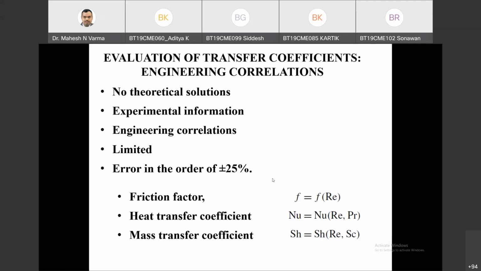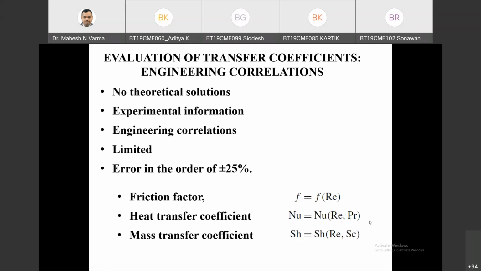Like here there is no two dimensionless numbers. Here only one dimensionless number is coming into the picture. Here two dimensionless numbers are there. So that is what I initially also told, that we are saying heat transfer is similar to momentum transfer is similar to mass transfer. They are similar, but there are some differences also.